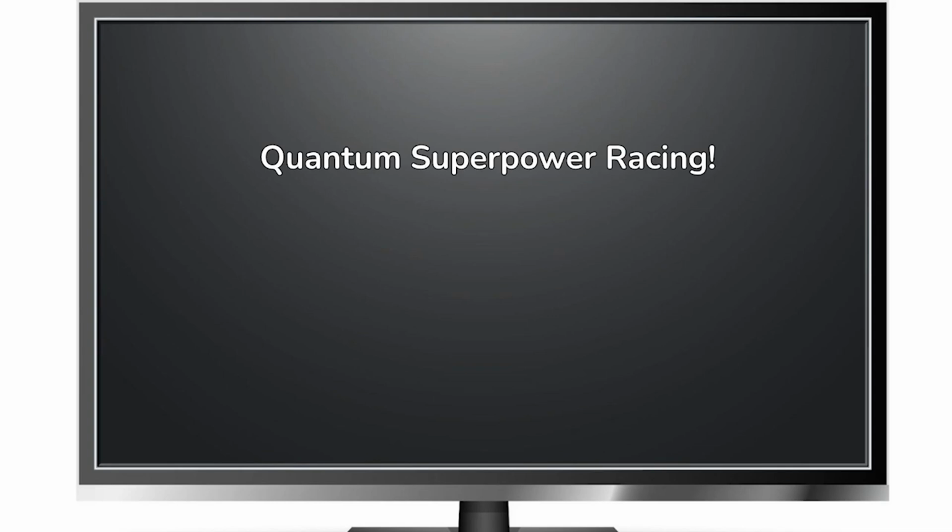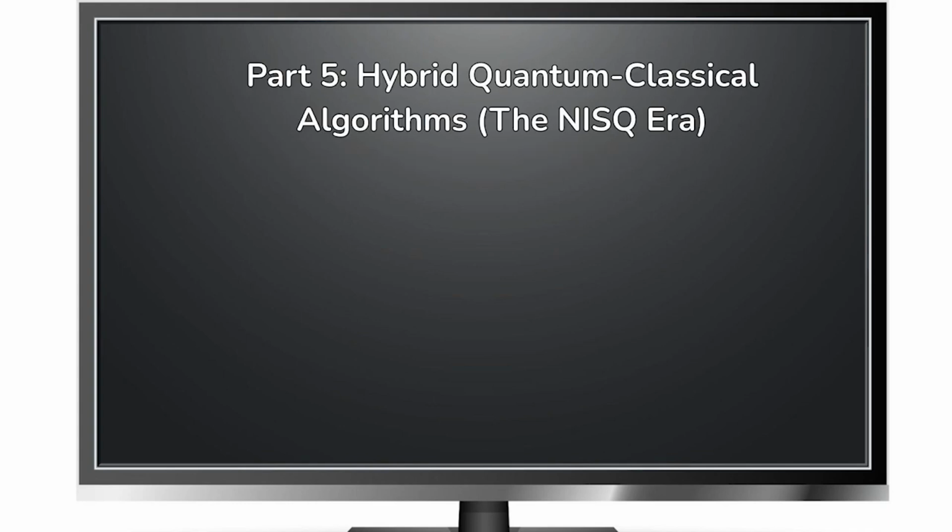The hope is that one day, quantum-enhanced machine learning will surpass classical techniques, not just in speed, but in intelligence. We're not there yet, but the convergence of AI and quantum computing is one of the most exciting frontiers in tech. Part 5. Hybrid quantum classical algorithms, the NISQ era.